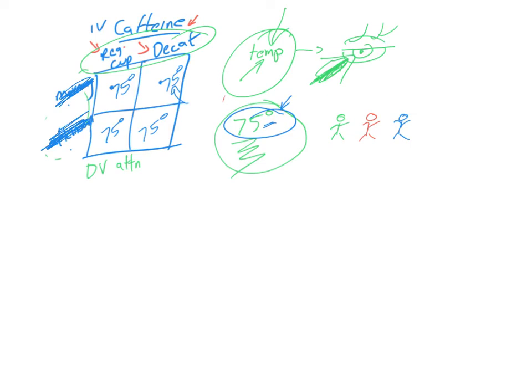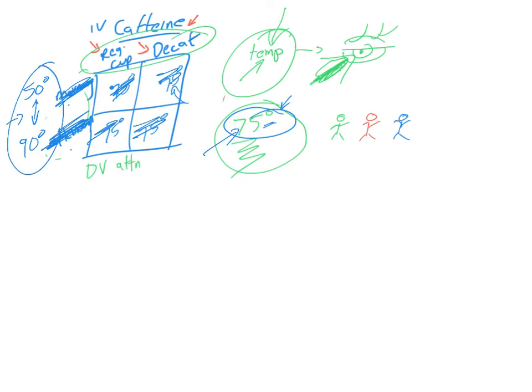so let's say I have these people do 50 degrees and these people do 90 degrees, and look at how temperature in the room influences attention. So I'm not holding it constant anymore. Now temperature, instead of being a control variable, is part of my study.